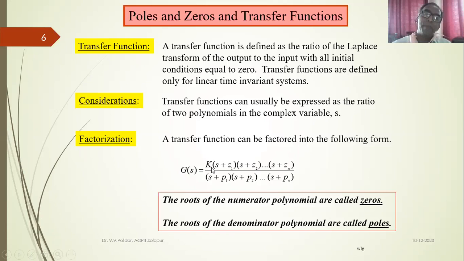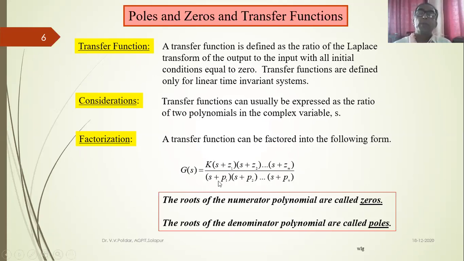So if I got a multiple S in the numerator, that becomes my zero at the origin. And then this is the first order or simple zero. And then if I got S square plus 2S plus 1, that is called a second order zero in the numerator.